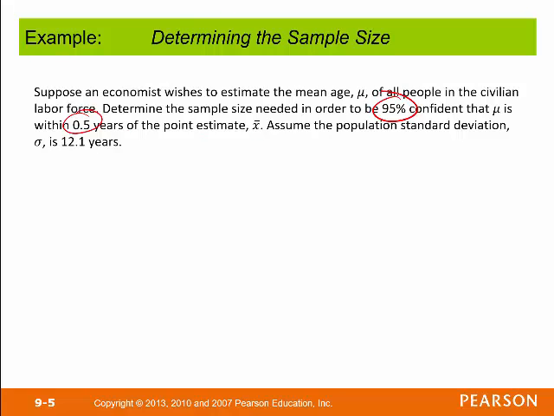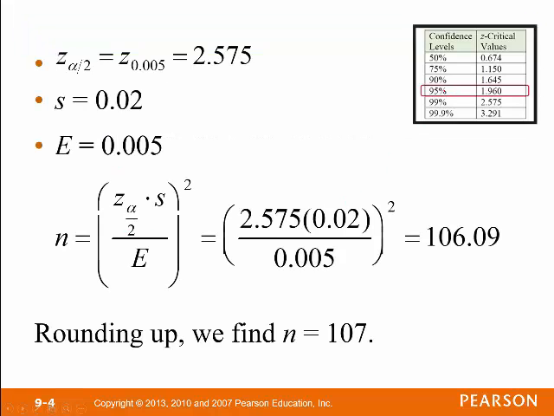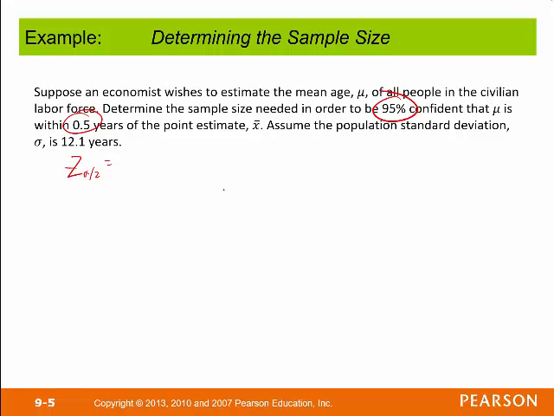So I want 95% confidence, which means my z of alpha divided by 2, my z critical value, is 1.960, just looking at that chart. The error, because I want to be within 0.5 years, is the margin of error you're given. And it says assume the population standard deviation is 12.1 years, so you're given sigma.